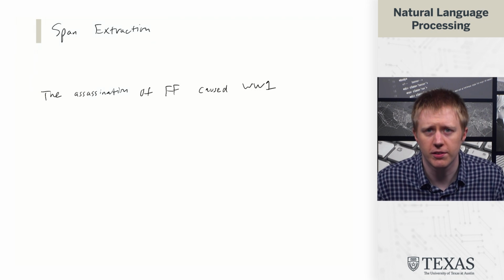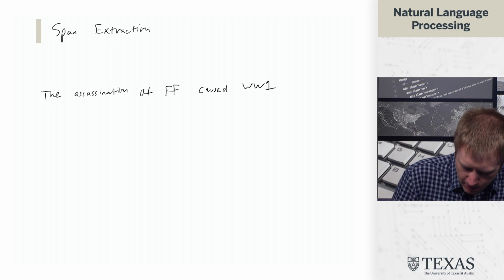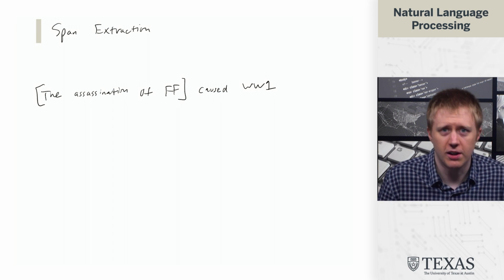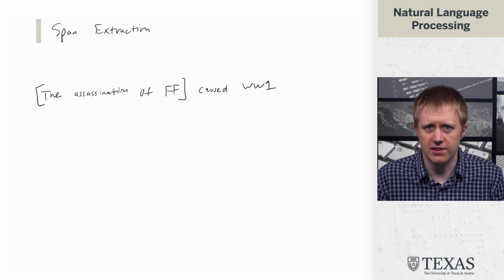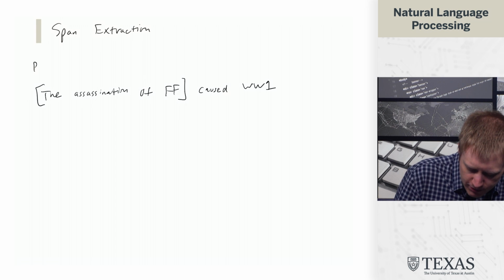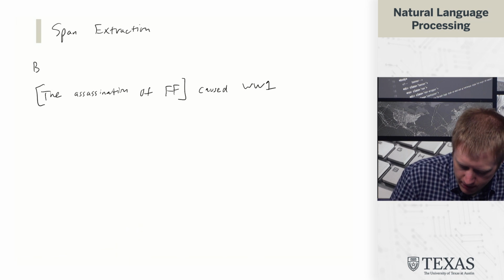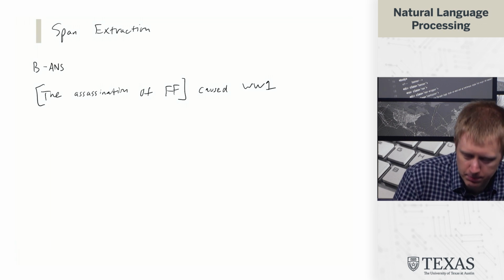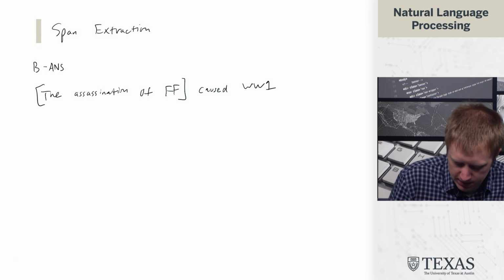Here, I'll reproduce our sentence. And we said that this was our answer. We wanted to pick this out as the thing to show to the user. And so if we think back to NER, we can use a BIO tag set like we did there.